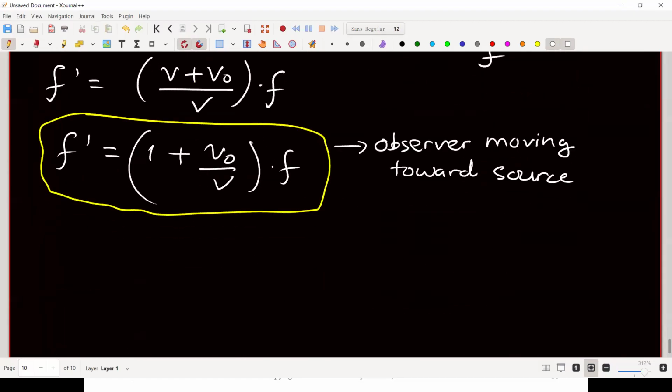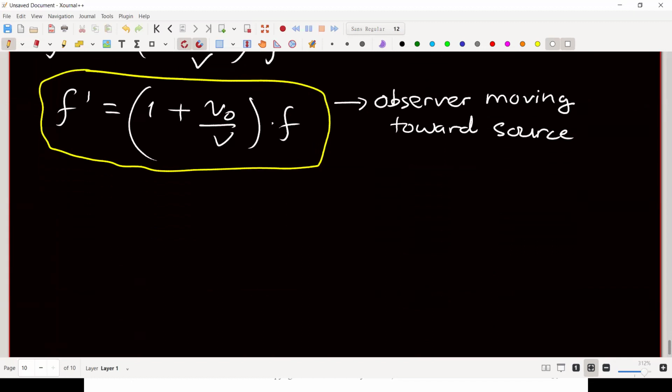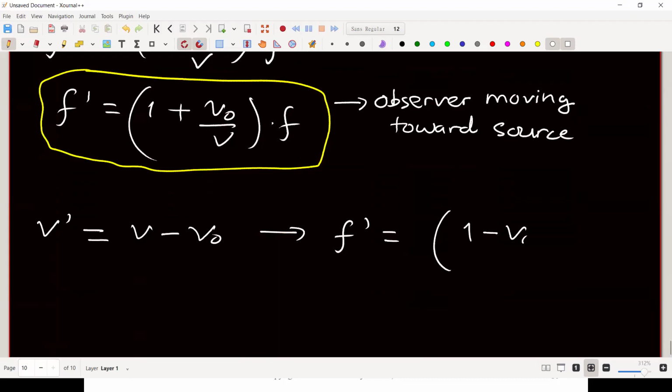But how if the observer is moving away from the source? If the observer is moving away from the source, we can use f prime equal to v minus VO, so it becomes the frequency is 1 minus VO divided by v times f.